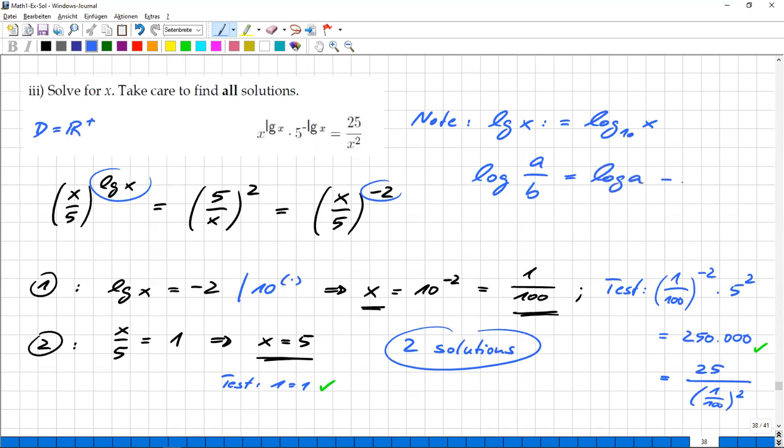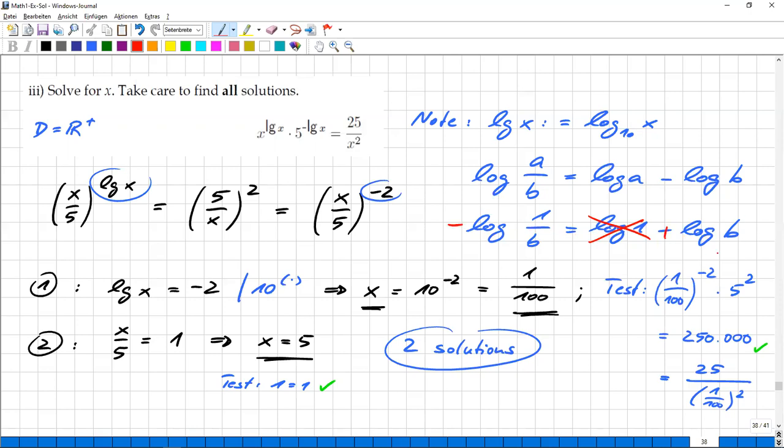As a special case, the log of 1 by b would be log of 1 minus log of b. And the log of 1 is always equal to 0 for any base. It means that the logarithm of the reciprocal is equal to minus the logarithm of any value.